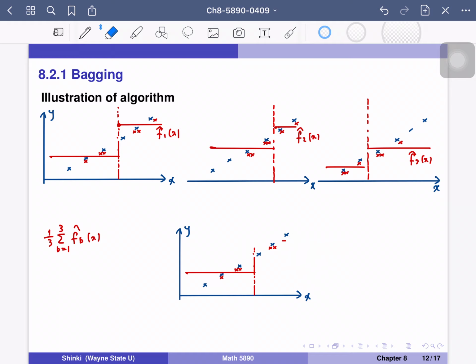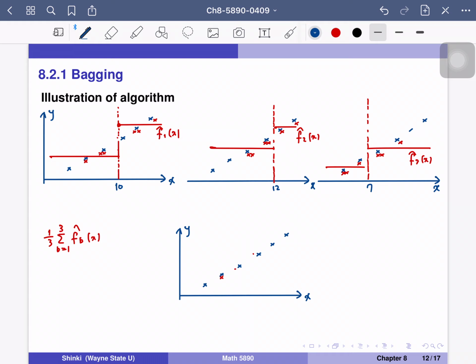We average out these three functions. Suppose this split value was 10, then this is a little higher, 12 maybe, and this is lower, maybe 7 or something.